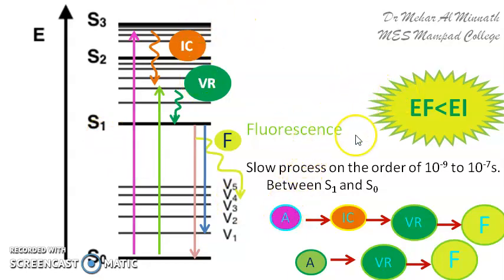Alright, so this is the case. This is a simple depiction of the various energy transitions happening, which results in fluorescence. Okay, so this is the Jablonski diagram.